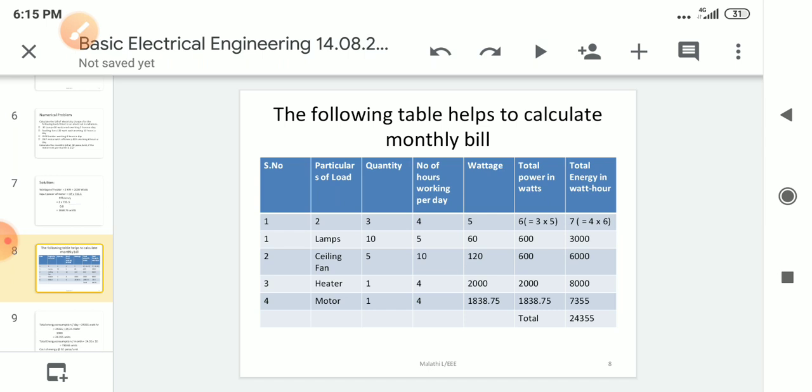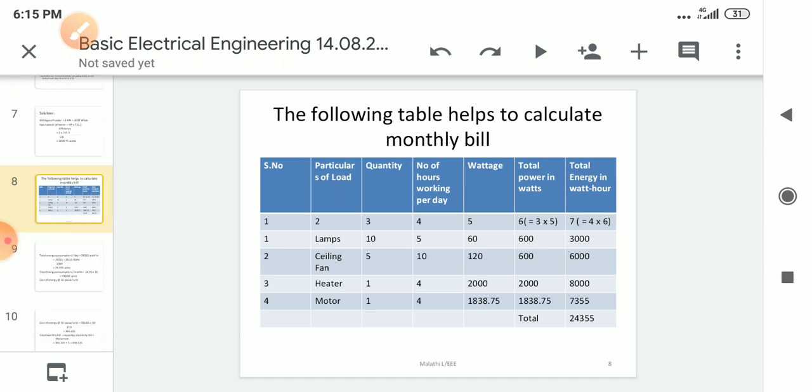Now, for calculating the total power, take its quantity into watts. 5 into 60 gives 600, like that. After that, energy. Energy is the product of power into time. So this gives the total energy.